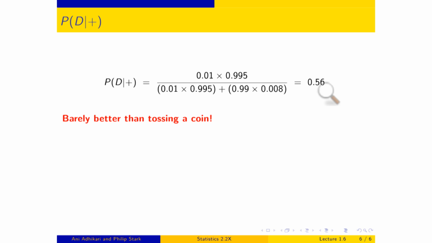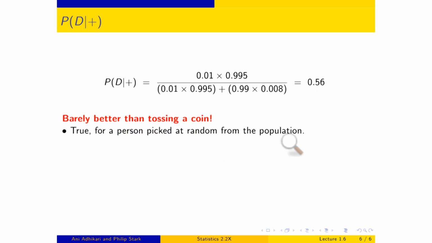This is like tossing a coin. What good was that test? And so this is where you have to understand what were the assumptions on which this problem was done. And the critical assumption was that the person was picked at random and tested. And for a person who is picked at random and tested, indeed, if they test positive, the chance that they have the disease is around a half.